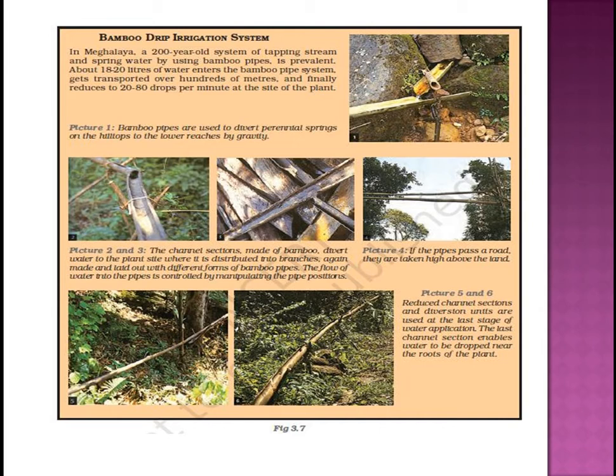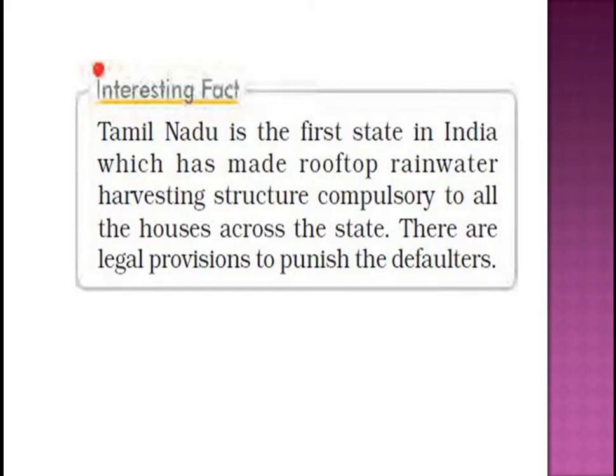Next, moving towards the discussion related to the question answers. Point number 1, a 1 mark question can be asked on this interesting topic. The interesting fact is that Tamil Nadu is the first state in India which has made rooftop rainwater harvesting structures compulsory for all the houses across the state.